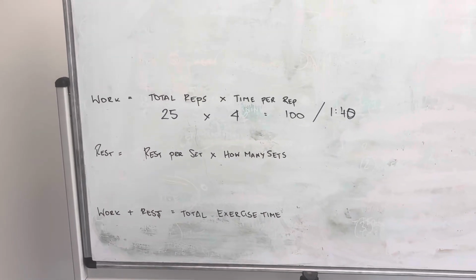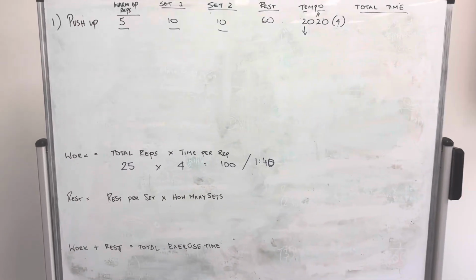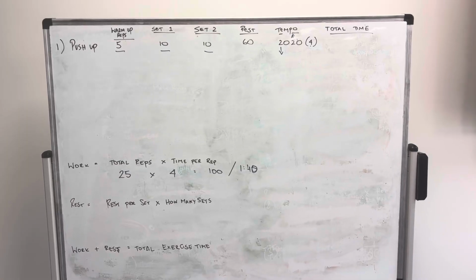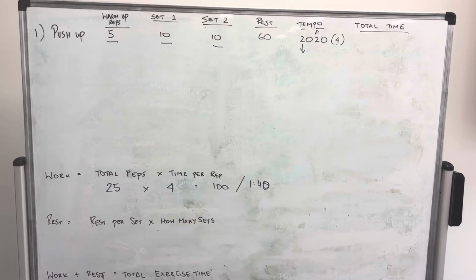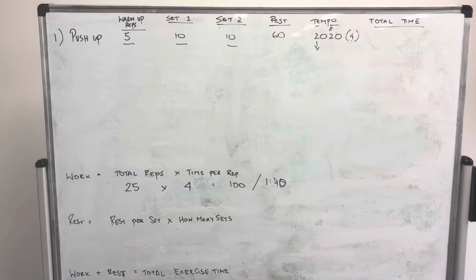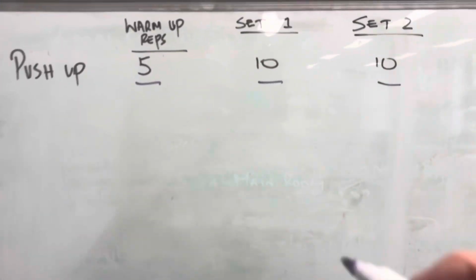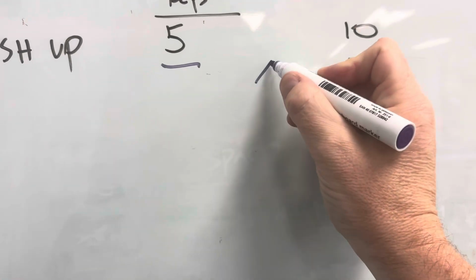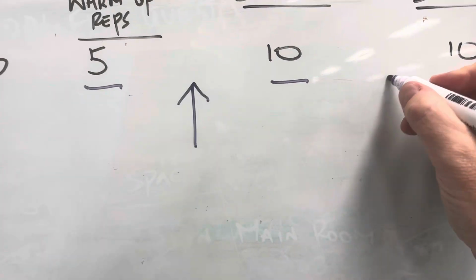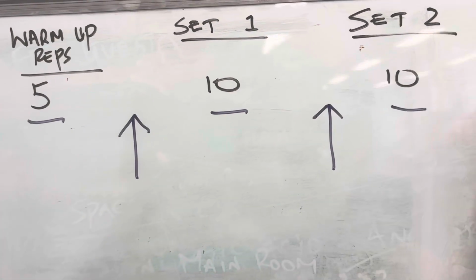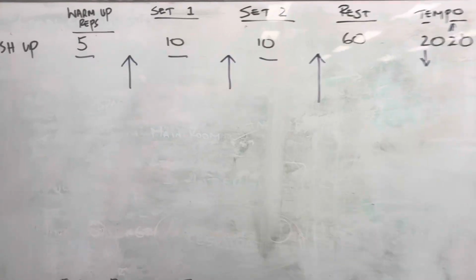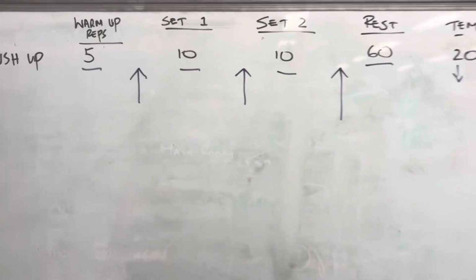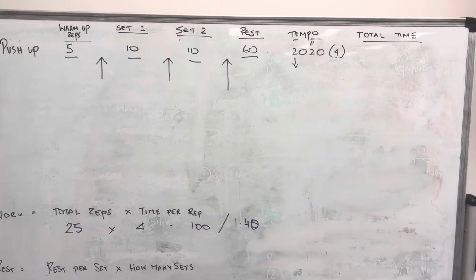We now look at the rest and we go, okay, so we have 2 working sets and a warm-up set. Unless specified differently, we are going to say that there is rest happening here, rest happening here, and rest happening here. And we have said that it is 60 seconds for every lot of rest.